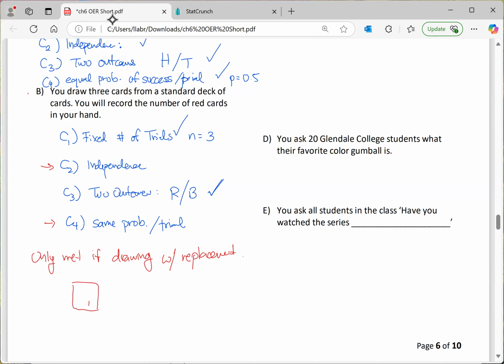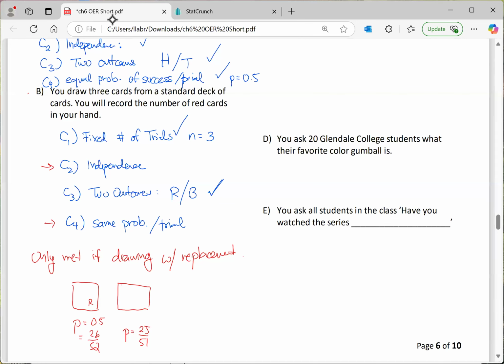Because let's say you get a red card the first time. If the first time you get a red card and you keep that card, then the next card that you get, right, the probability of getting a red initially is 0.5. And that comes from two suits of cards. So that's 26 cards out of 52 are red. But if you keep that red card there, the probability of success would then be 25 over 51.